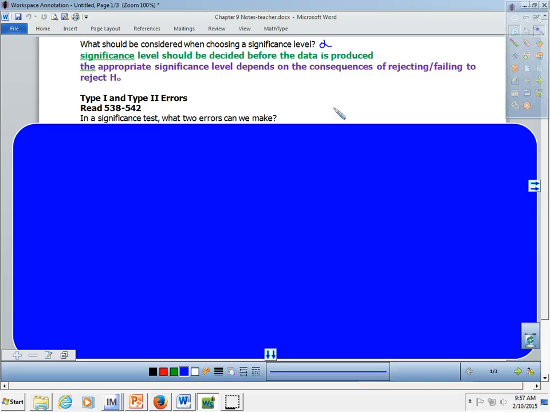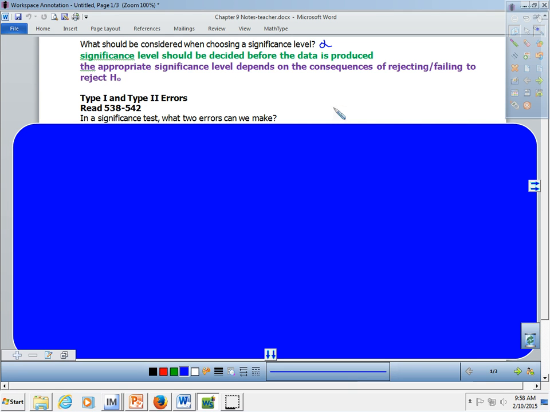The appropriate significance level depends on the consequences of rejecting or failing to reject the null hypothesis. And I spoke during our activity, and even last night in the notes, about the fact that we look at a hypothesis test or a significance test as a jury trial, right?